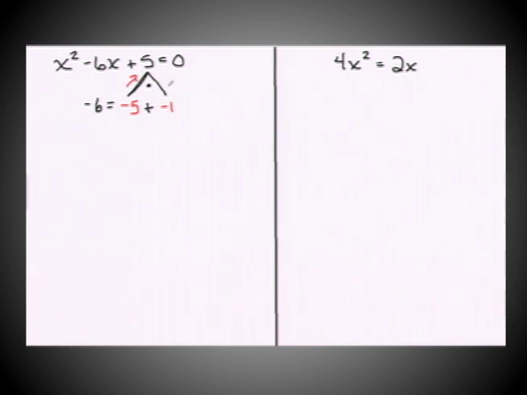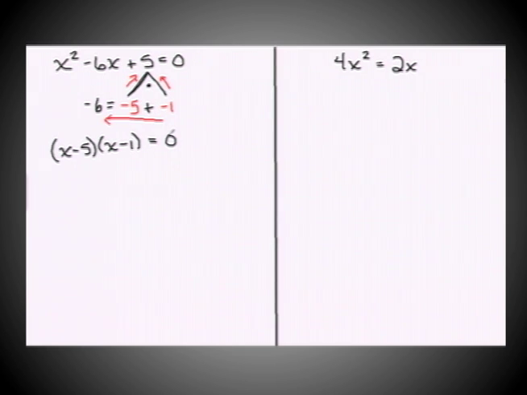Negative 5 and negative 1 multiply back up to make positive 5, and they add or combine to make negative 6. So the left-hand side of this equation factors as x minus 5 times x minus 1 equals 0.